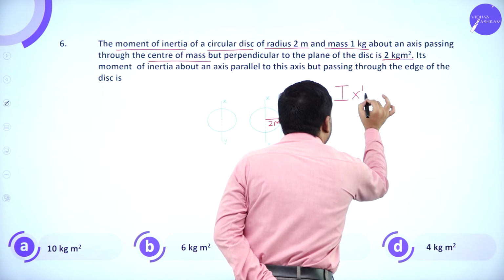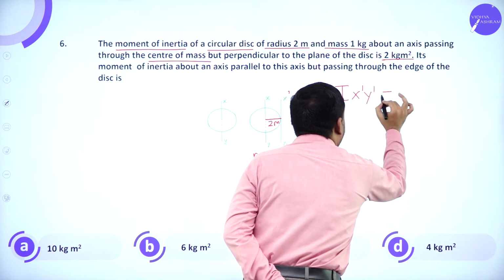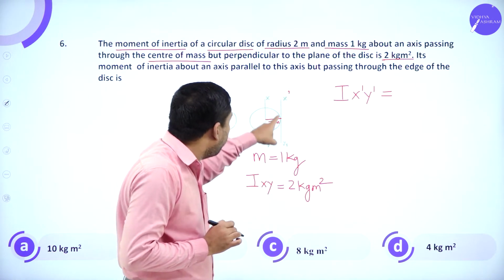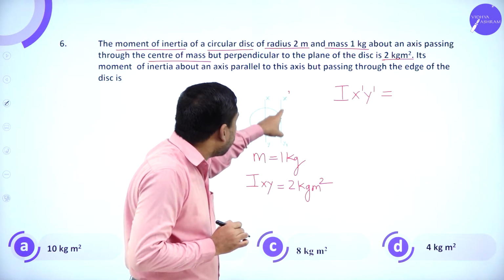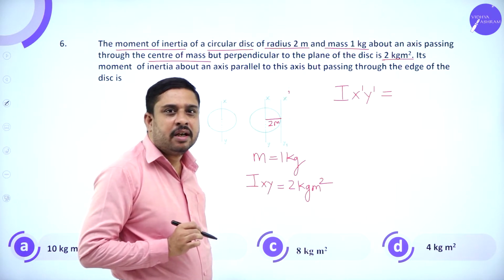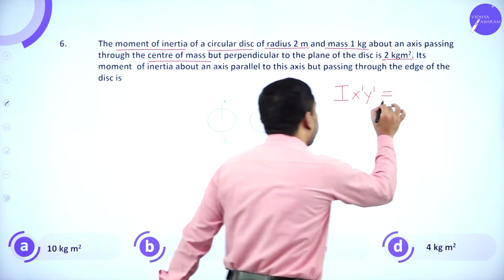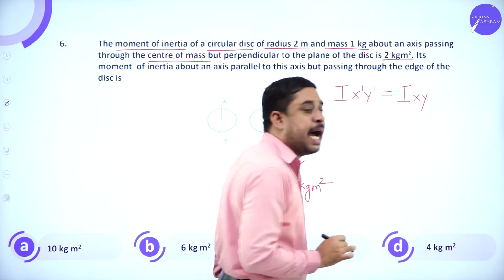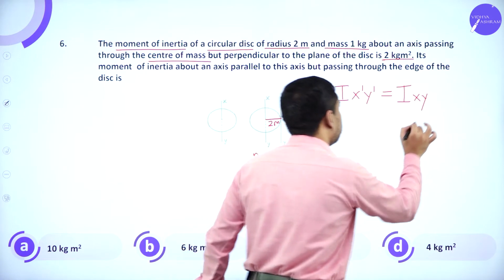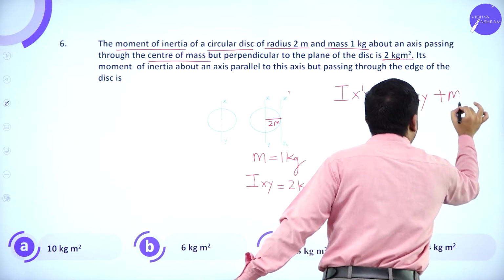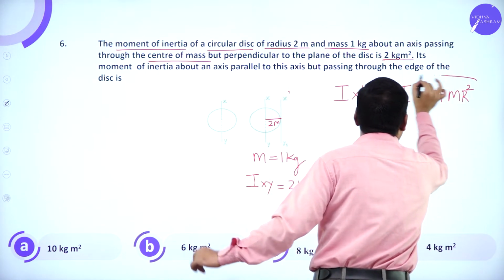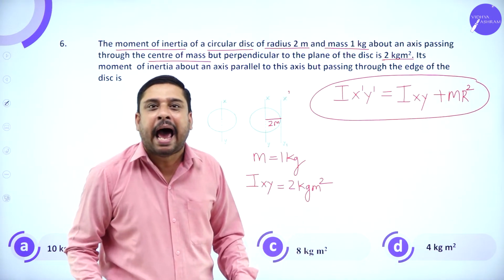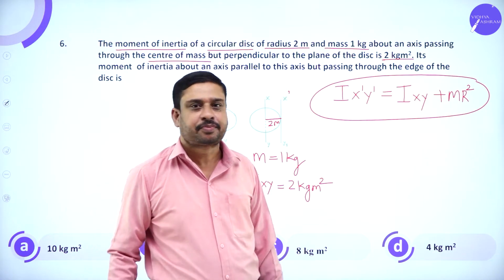Moment of inertia about a parallel axis, I dash, is equal to moment of inertia about a given axis plus m r square. Please note this down, this is called the parallel axis theorem.